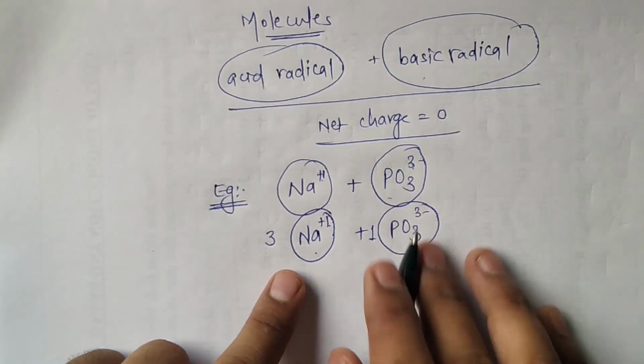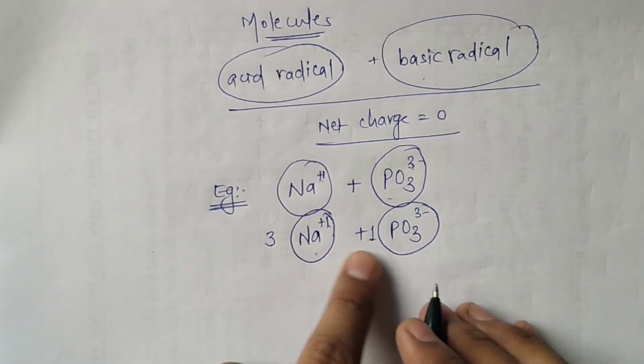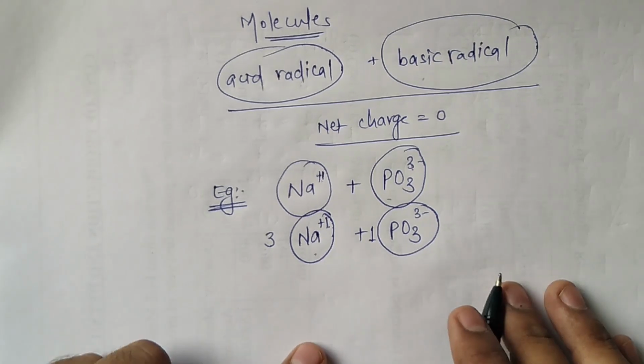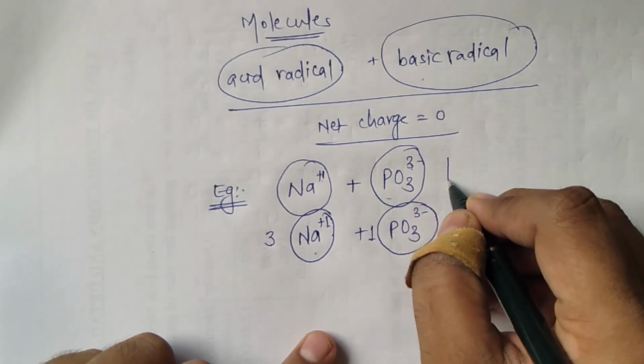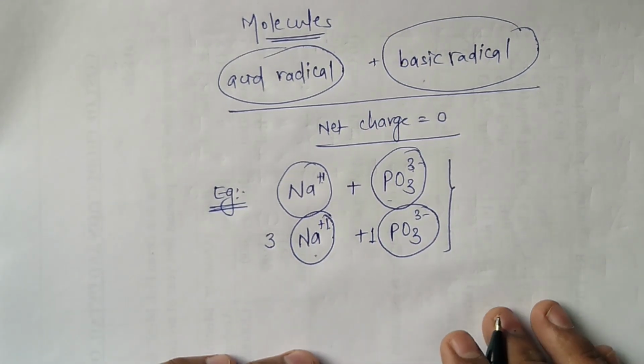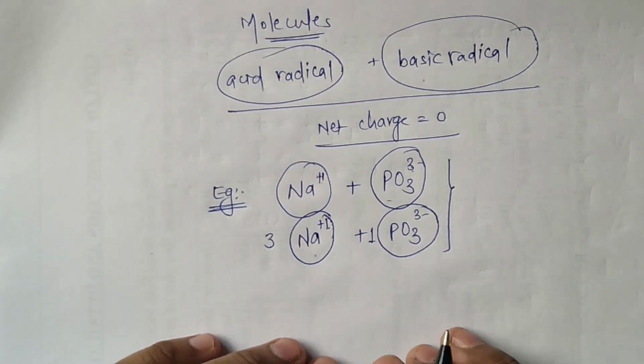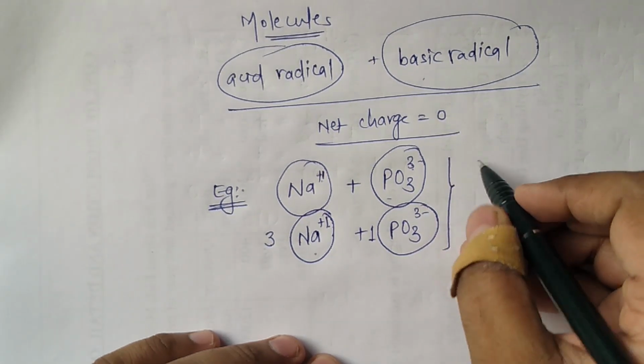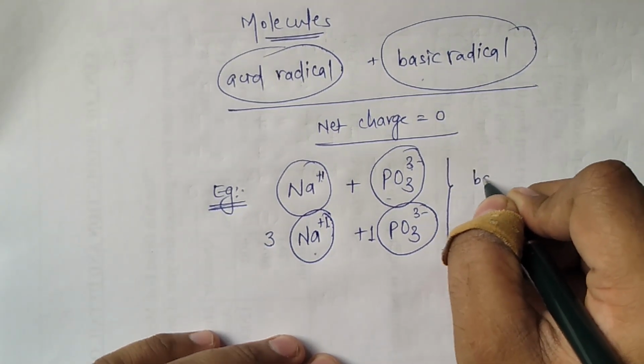So net charge will be plus 3 and minus 3, that is equal to 0.